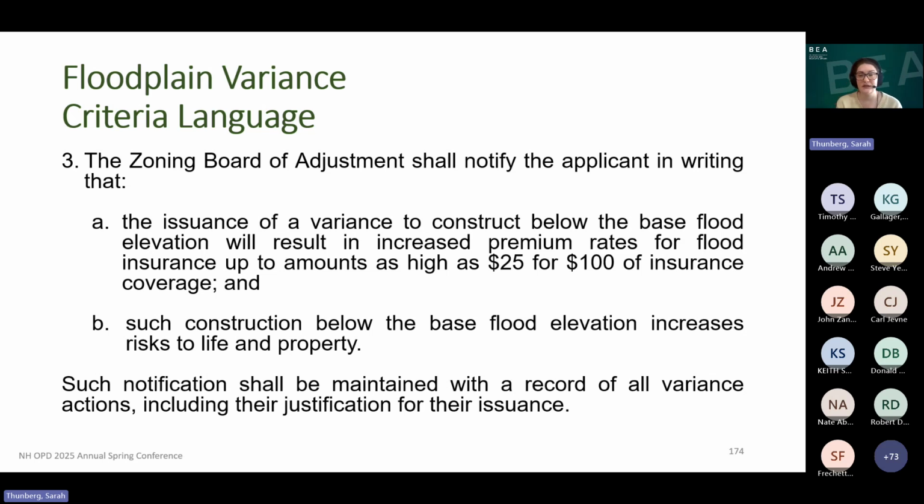Not only is it important for the current property owner, but also for future property owners because, again, as Stephanie said, the variance exists for the length of the structure. Even if the original owner decided they were okay with that risk and went ahead with a variance and developed, say they had a basement in the floodplain where there shouldn't have been one, the next owner will inherit that risk.